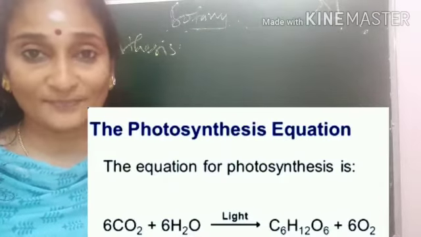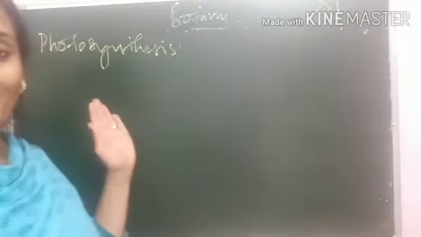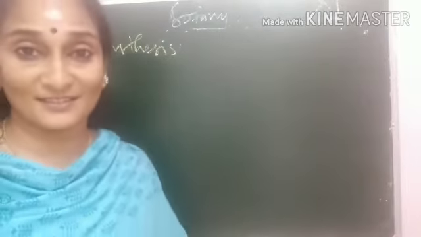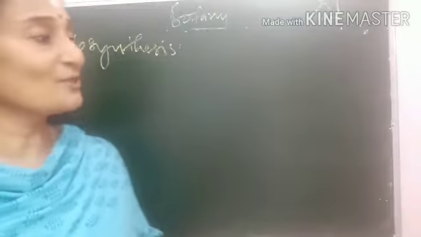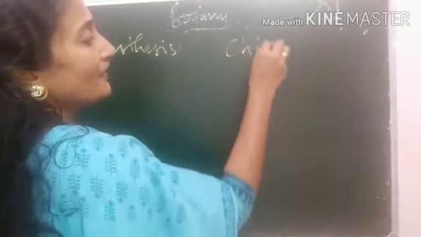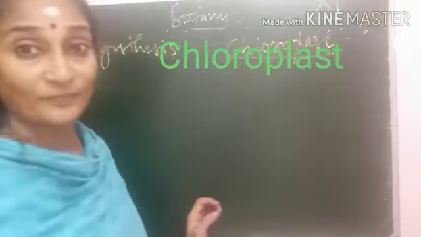minerals. Then where does photosynthesis occur in plants? Yes, it takes place in chloroplast.